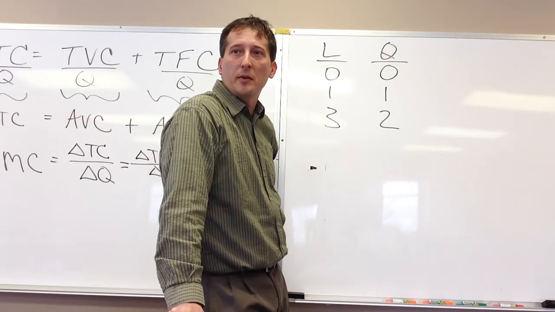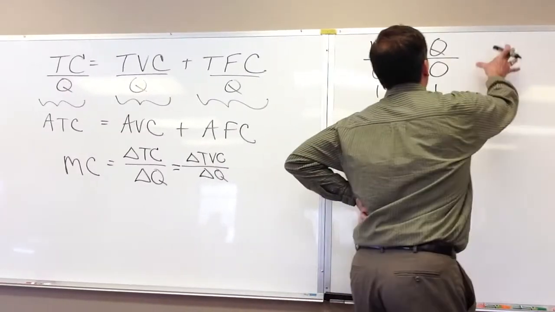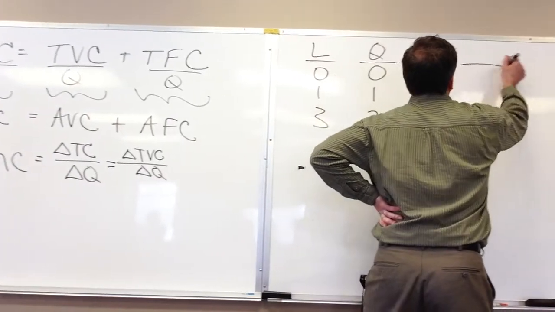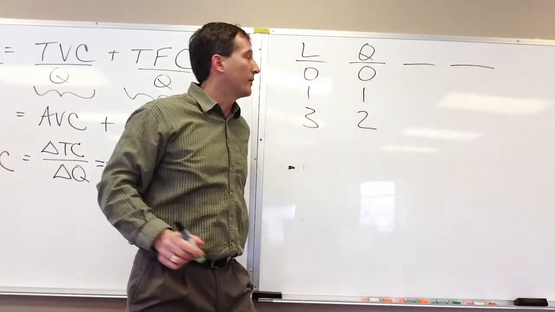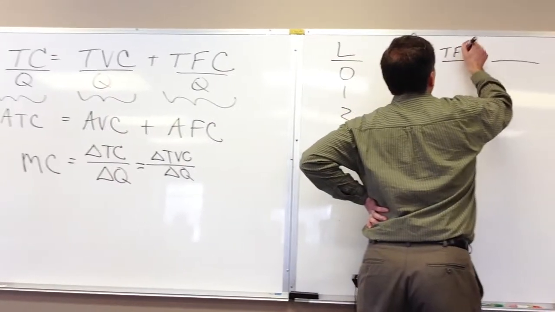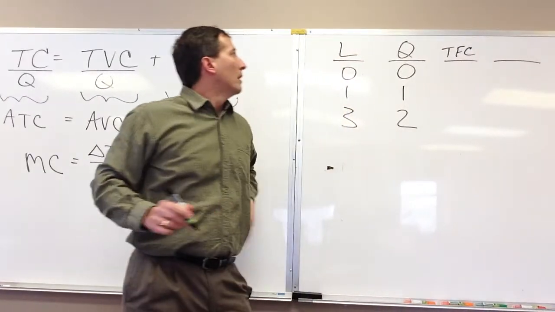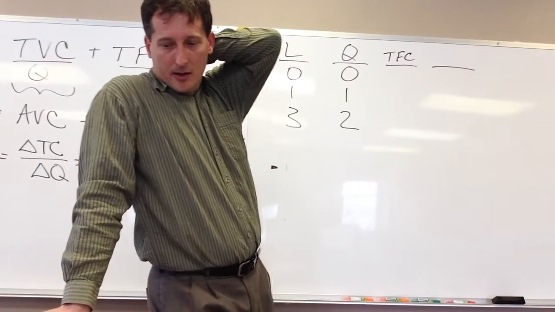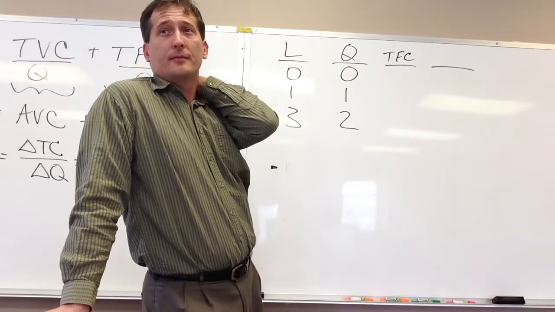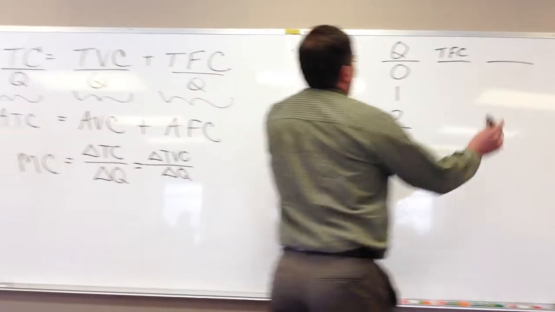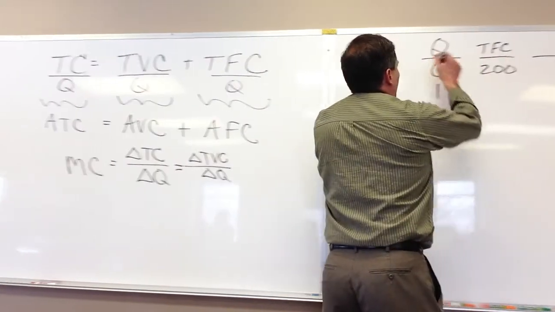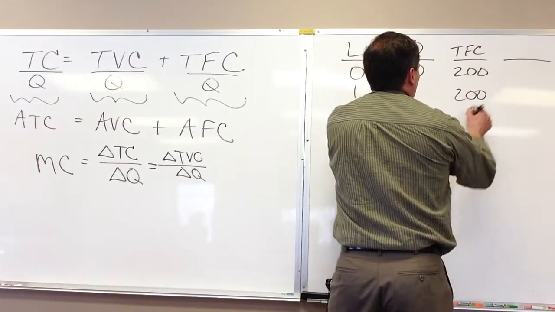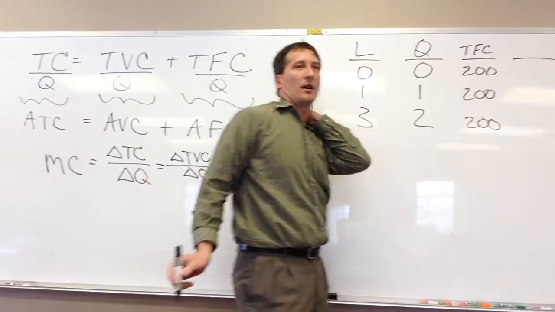What are you starting off with your next column? I'd say you need to add some columns here. Total fixed cost would be good. And what's total fixed cost running? 200. We got those 5 acres, whether we produce any strawberries or not, we've committed to that cost.